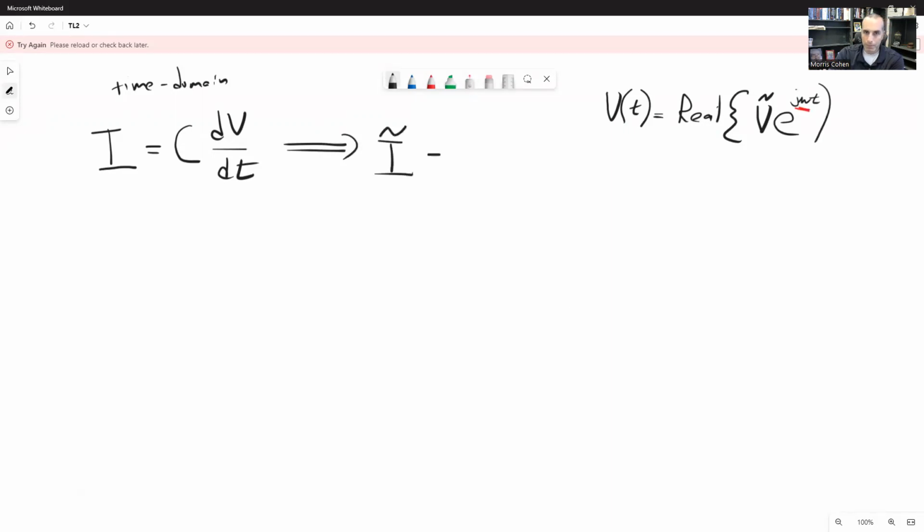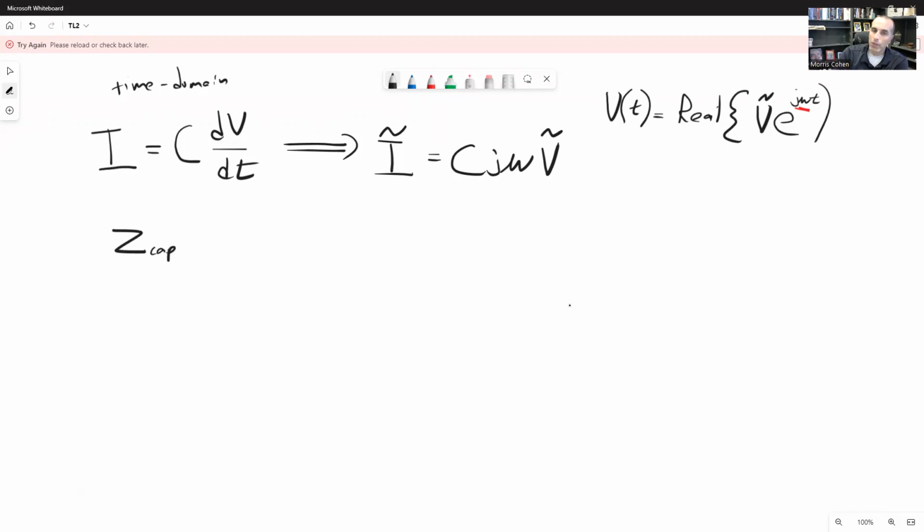So this time domain form, if we convert it into the phasor form, will look like this: I phasor equals C times j times omega times the phasor value of V. This is the same equation, just converted into the phasor or frequency domain form if you prefer. Now from this we can define the impedance of a capacitor.